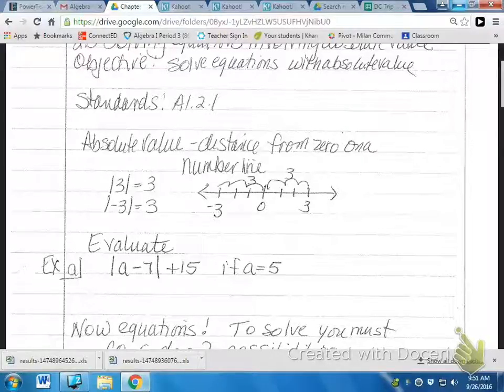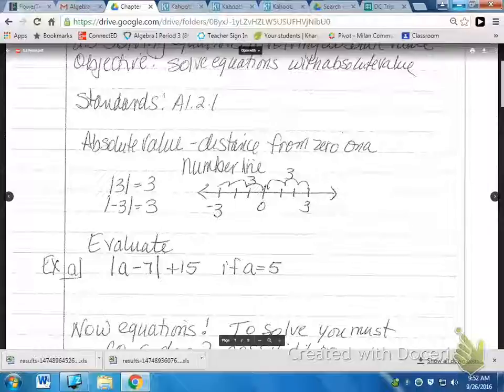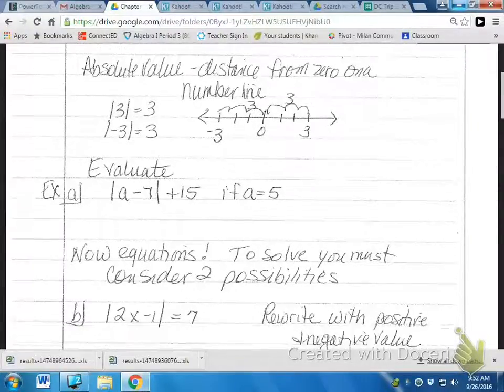So the absolute value of 3 is 3, and the absolute value of -3 is also 3, because they're both 3 units from 0. So you really don't pay attention to the sign. It's really the value of the number. You have done this part before, and it's just kind of getting you thinking about absolute value again.